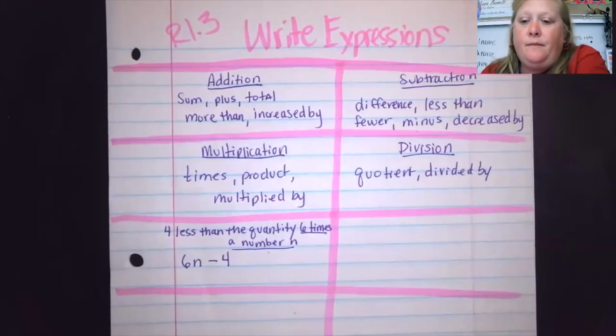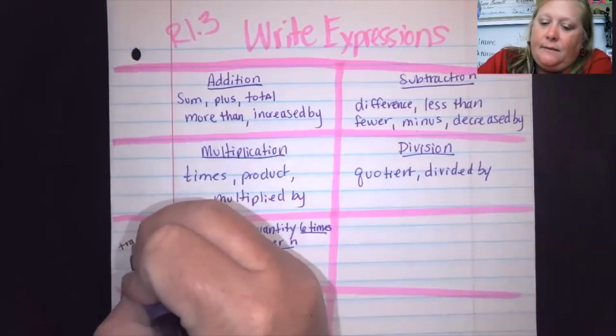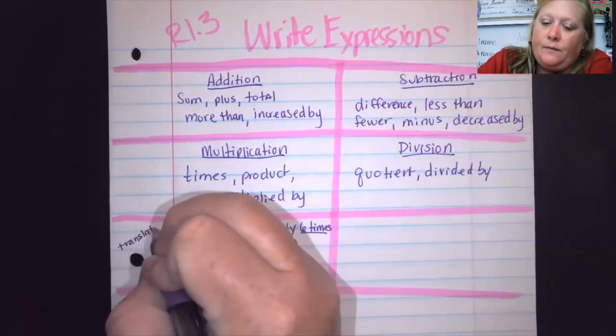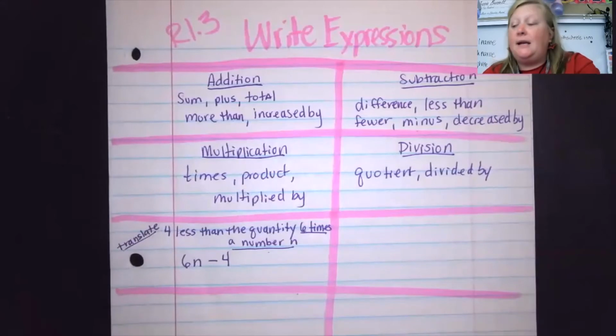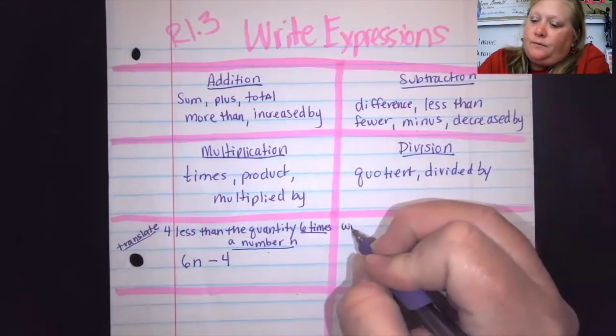Okay? Now you do that one on your own. So this part is called translating. This is translating something verbally into mathematics. The second one is writing an expression.